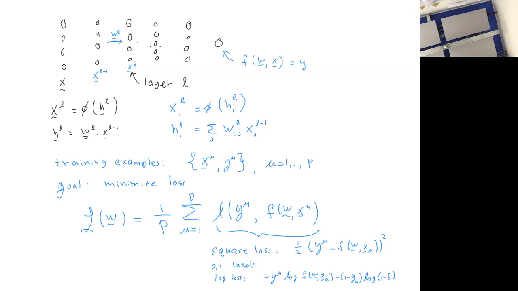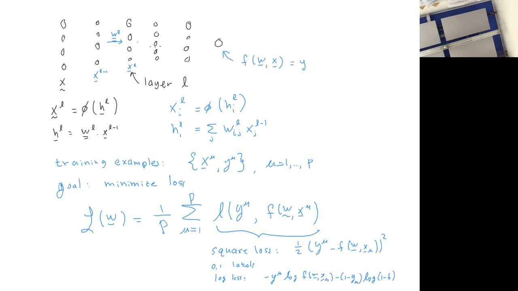If y^mu equals 1, this is largest when f is also equal to 1. And if y^mu equals 0, this is larger when f is also equal to 0. But you can have any kind of loss you want.